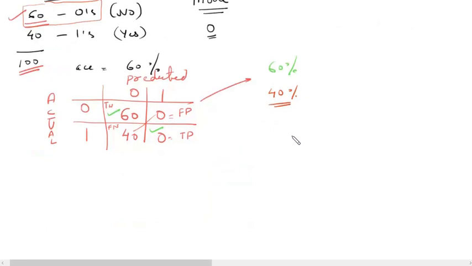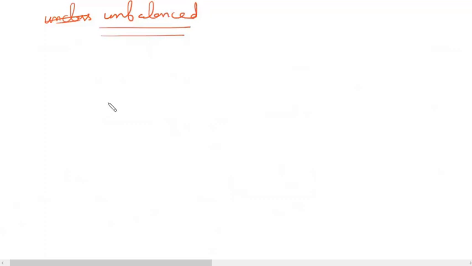Now let us see another scenario, a scenario of unbalanced classes. So this is known as the unbalanced class. An unbalanced class is where you have a high proportion of one of the classes and a very low proportion of the other. So this typically happens in some cases.